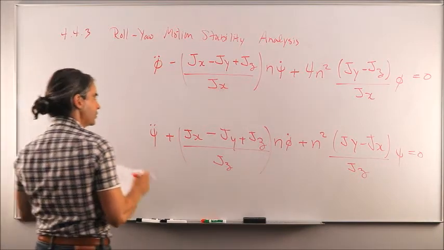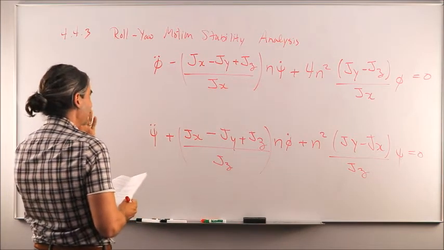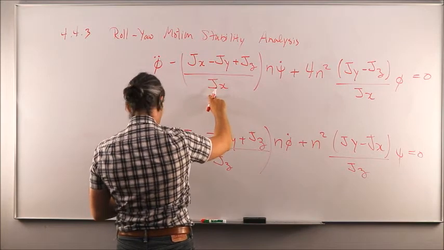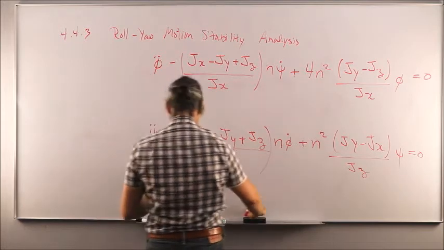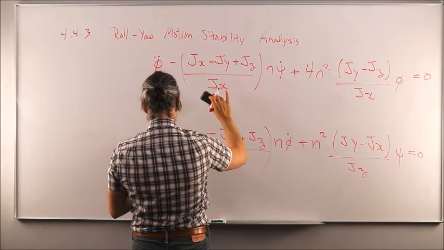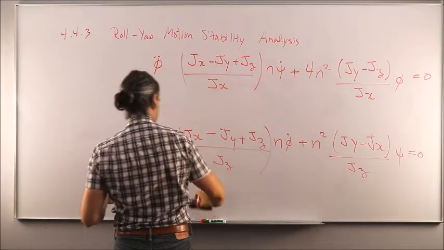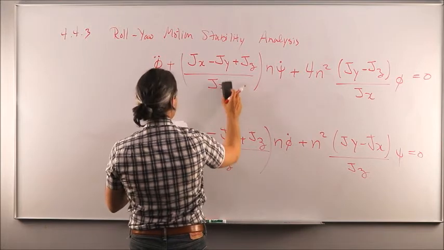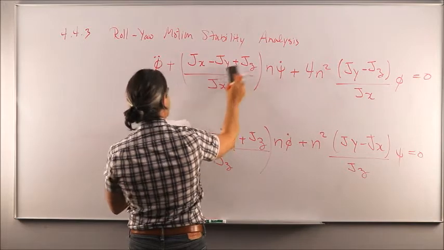And then what I'm going to do is rearrange those two terms here to my advantage. Specifically, I'm going to say that Jx over Jx is 1 here, and that my Jz over Jz is 1, such that I can write the whole thing as being equal to, and I'm going to turn that into a plus sign, plus Jy minus Jz over Jx minus 1.